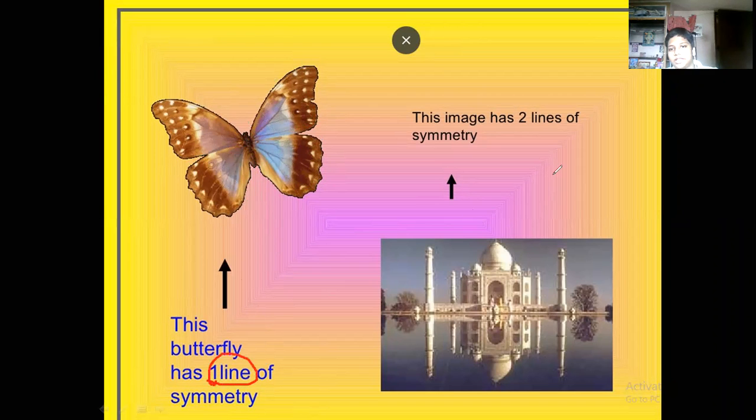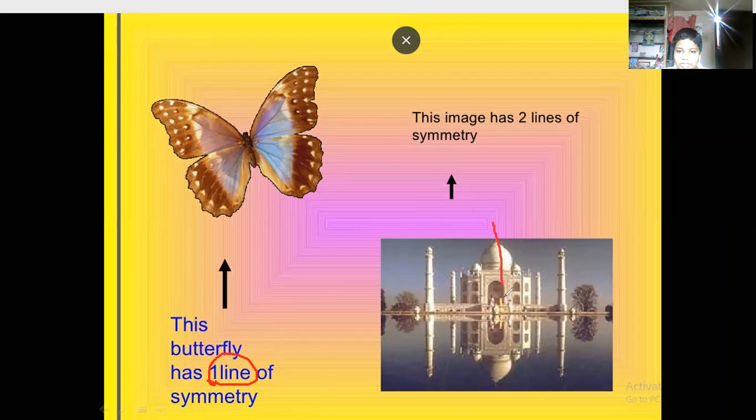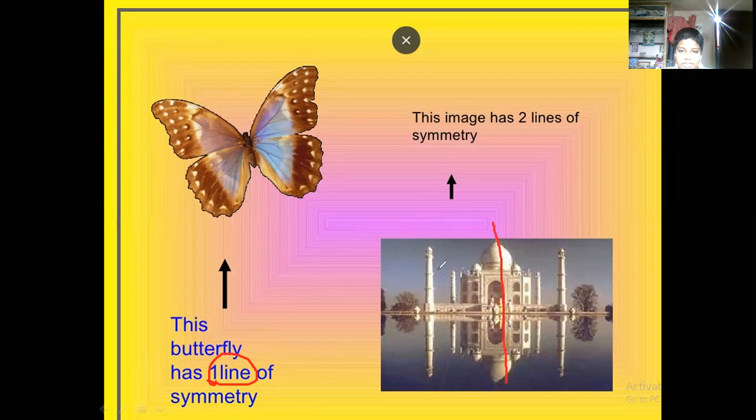And the Taj Mahal, see, we can divide it like this. So how to confirm it? Here one dome is there, and here the same dome. See, here we have the same impression.